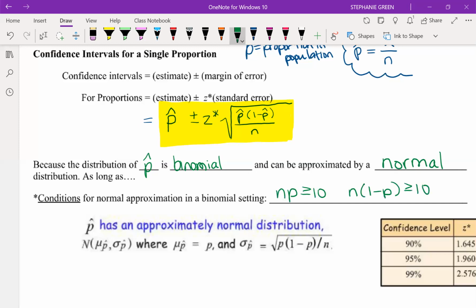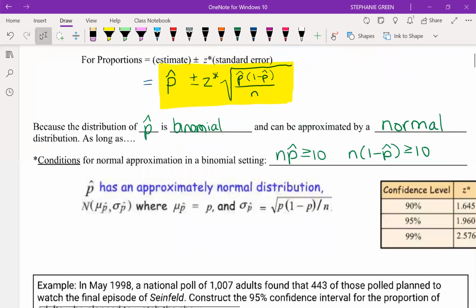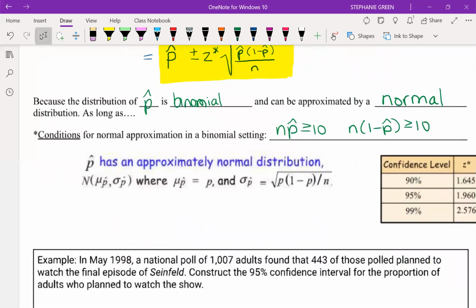Of course, in this scenario, we're not looking at a population proportion, we're looking at a sample proportion. So these p's are actually going to be p hats. So p hat has an approximately normal distribution.